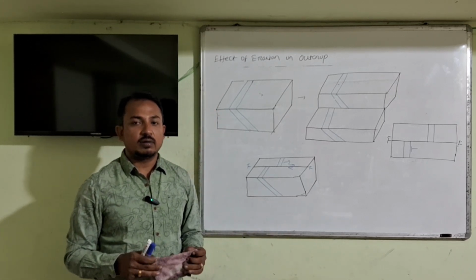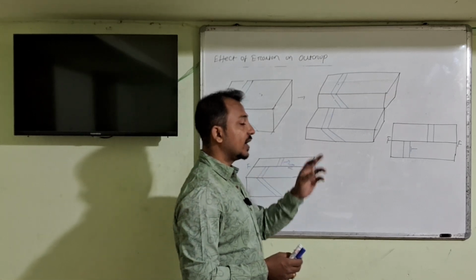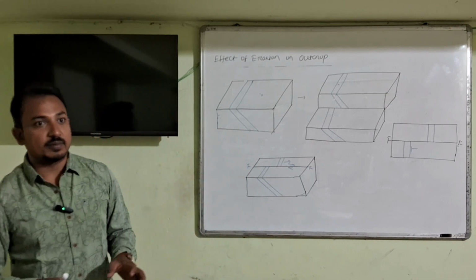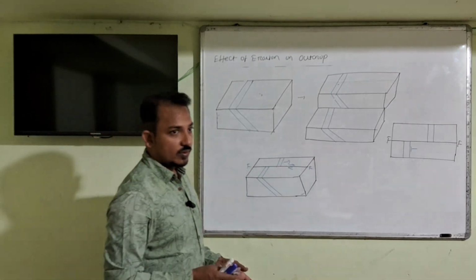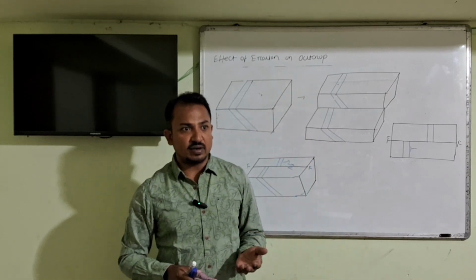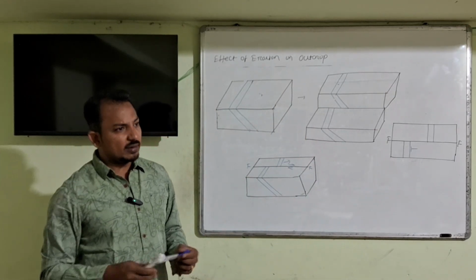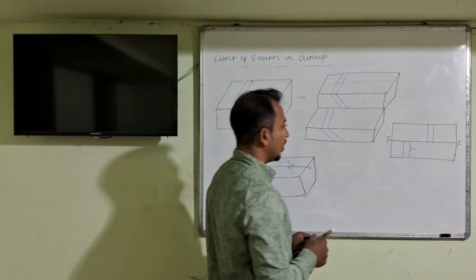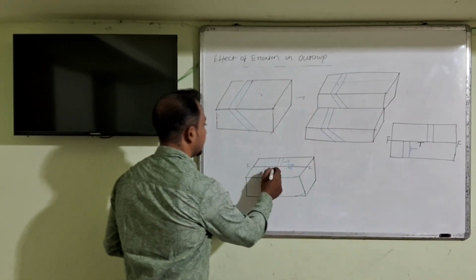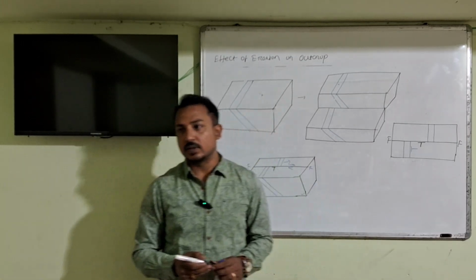And how will you determine the upthrown block? The part where the bed is advanced. So if your bed is advanced somewhere, that will be the upthrown block. And if you know the upthrown block and downthrown block, providing the condition of the dipping direction of the bed and the dipping direction of the fault plane, you will know which type of fault it will be. So if in this case the fault plane dips in this direction, suppose, it will be a normal fault.